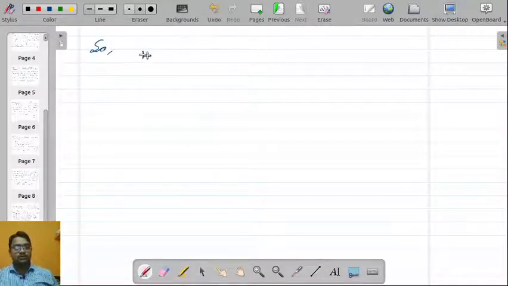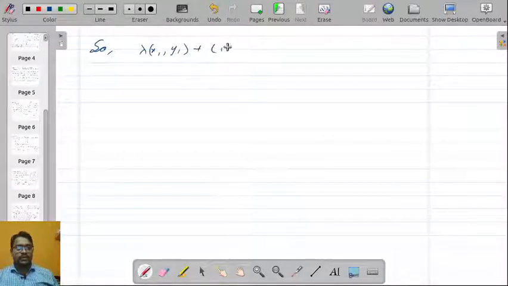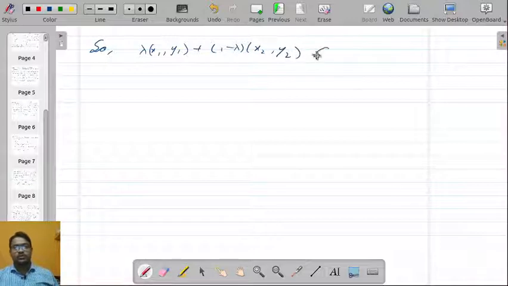This lambda (x1, y1) plus (1 minus lambda) (x2, y2) belongs to S. Therefore S is a convex set.